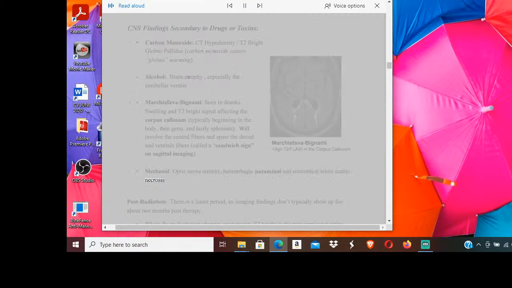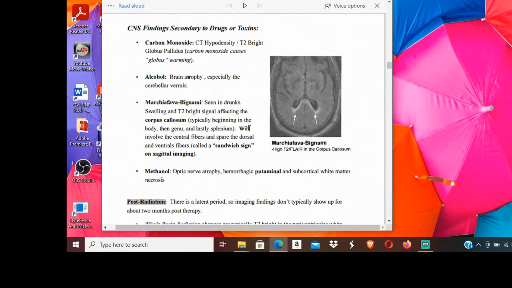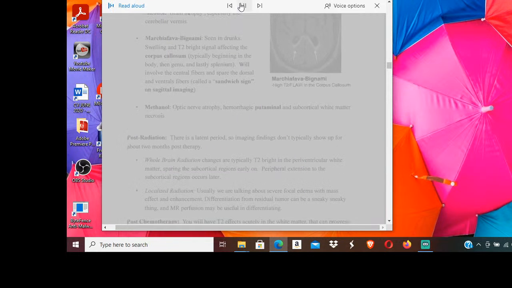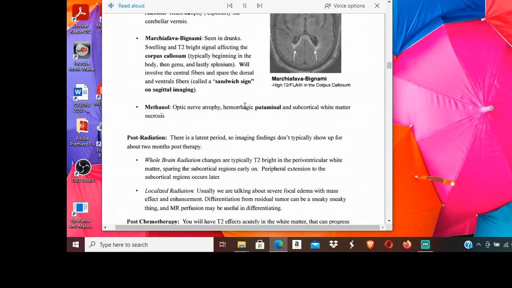Post-radiation, there is a latent period.